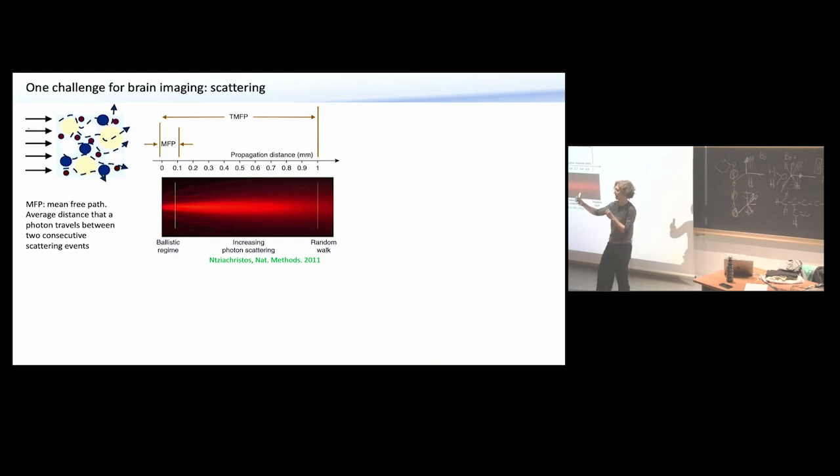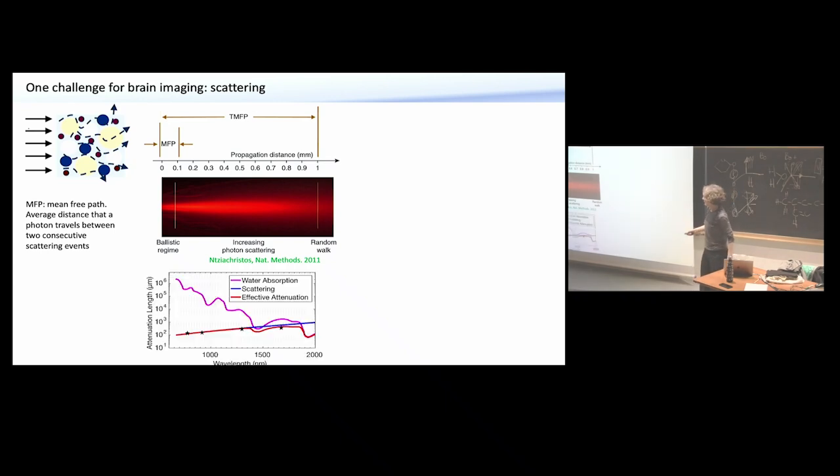Then it will encounter some obstacle and start to scatter. So we can define a mean free path, which is the distance the photon travels before encountering scattering, and it's very small. It's like 100 micron in the brain. So this is a very big challenge.